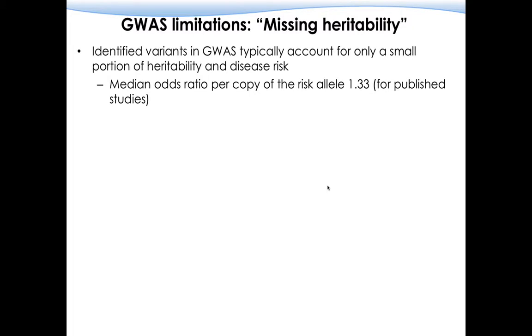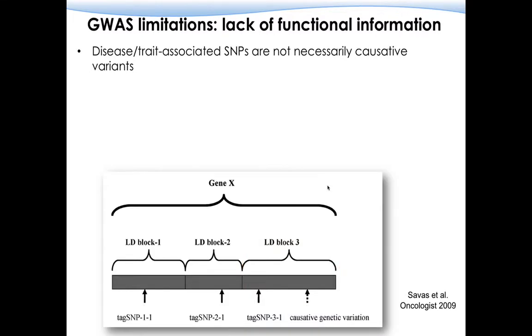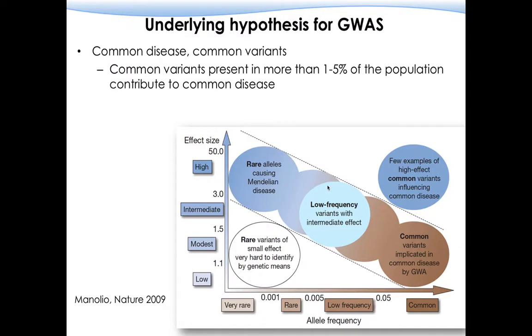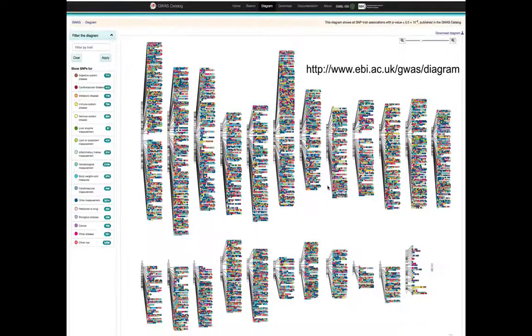A lot of people mention that the GWAS limitation is the missing heritability, and basically it comes from our initial figure, where GWAS only focuses on this part. It's the common variants, but the ones that you identify normally have very, very small effect size.